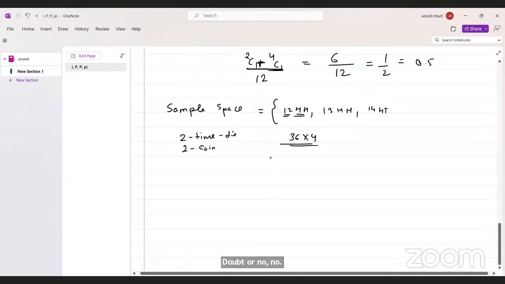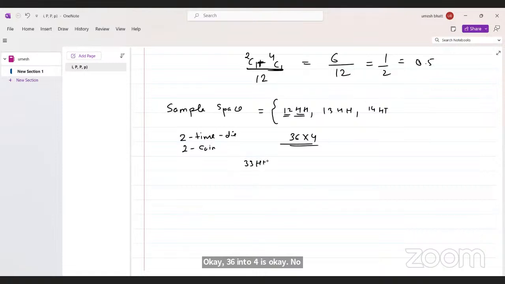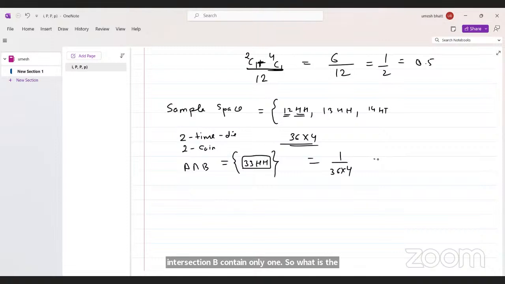Now, what is A intersection B? A intersection B is 3 3 and head head. This is only one event, so A intersection B contains only one event. So what is the probability there? Okay, this is the answer. Sir, can you explain A intersection B? How do you find it?